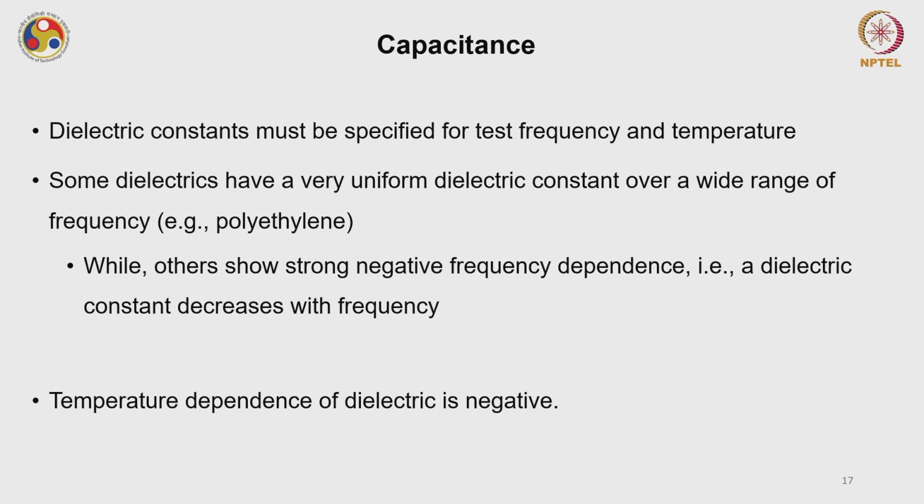So you have to choose the dielectric material very wisely, particularly by understanding the range of frequency your sensor is going to operate in, as well as the temperature range where you are going to use these sensors. Mostly the temperature dependence of the dielectric is negative, meaning the dielectric constant decreases with temperature. That's why I have mentioned that you should know the temperature and frequency of operation for your sensor, right?